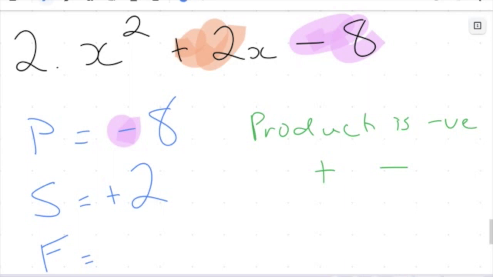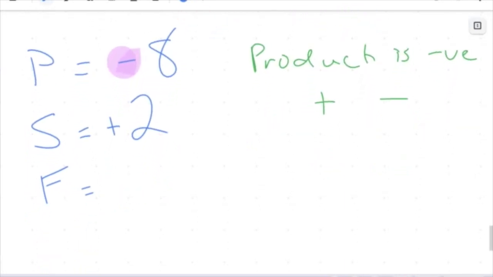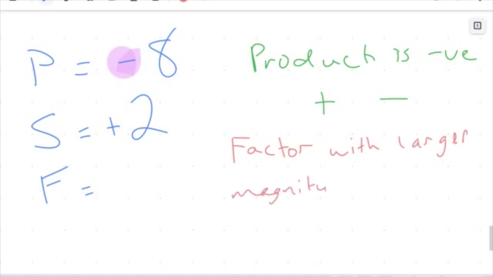So that tells me that the factor with the larger magnitude, no matter what sign, is going to be the positive one, because when we add that to a negative, we're still going to get a positive here.